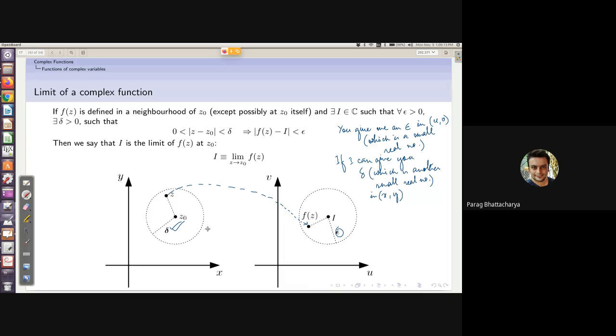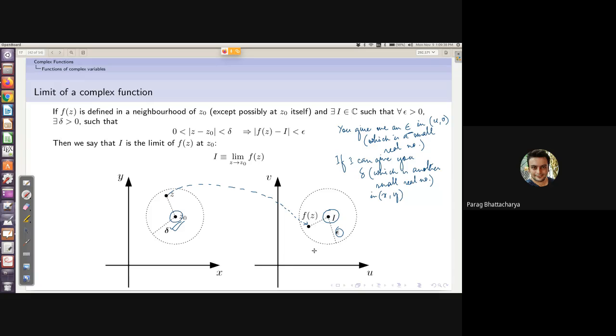If we can keep on doing that, then we say the value of the function at the center of your circle is the limit of the function at the center of my circle.